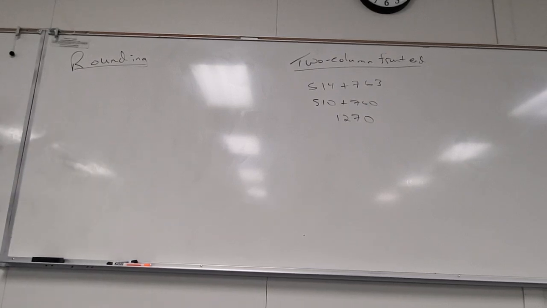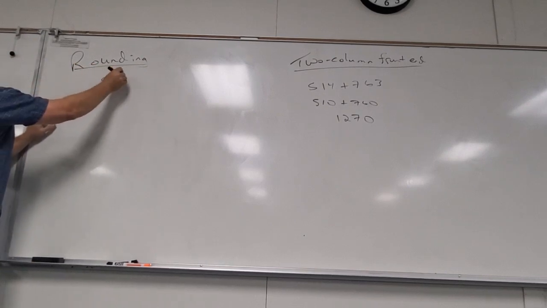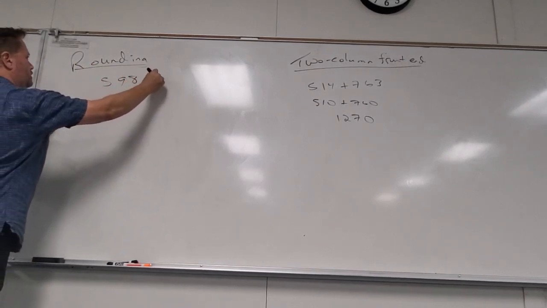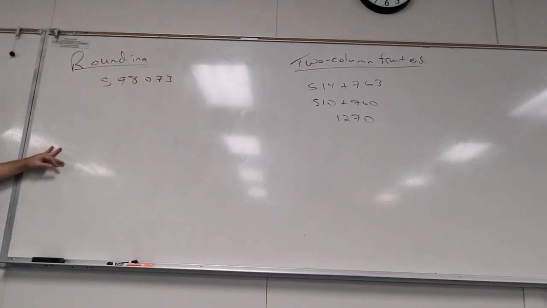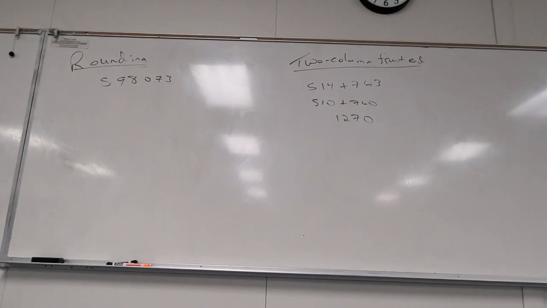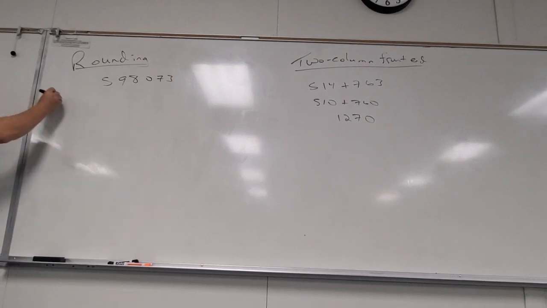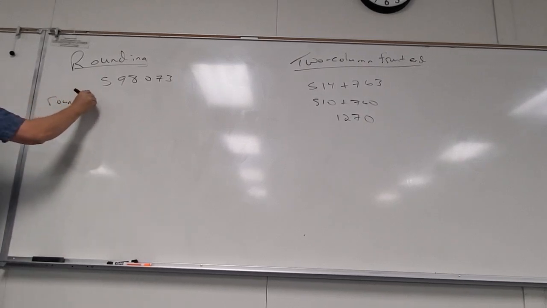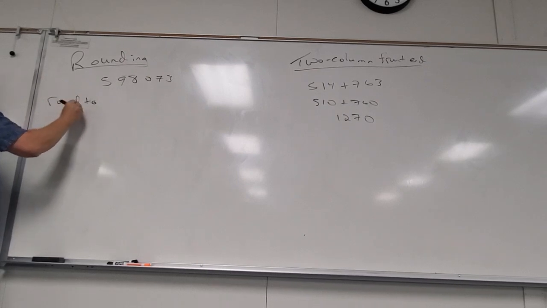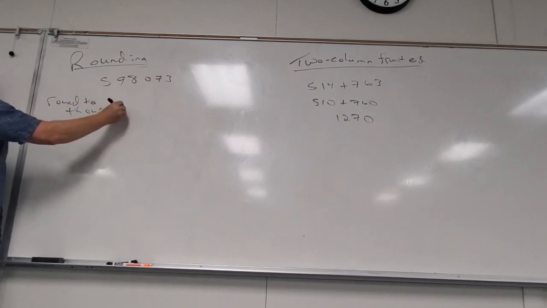If I just said round this number to the thousands place, what would that be?